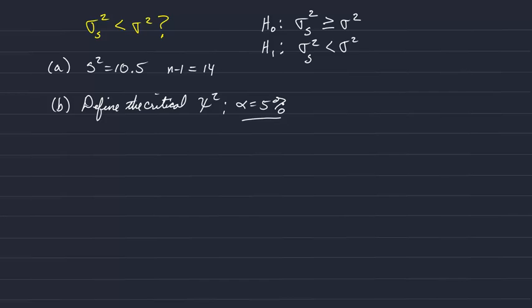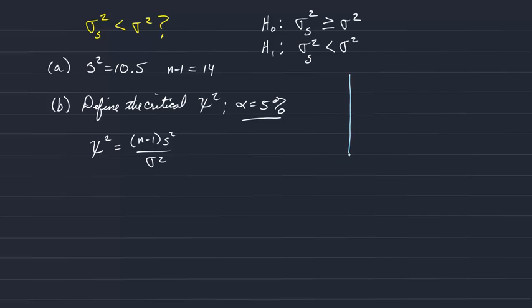So now let's think about this. If indeed the variance of the sampled population is greater than that of the known population, then our chi-squared statistic, which again is n minus 1 times s squared over sigma squared, should tend to be on the higher side, if we sample a population with a greater variance than the known population.